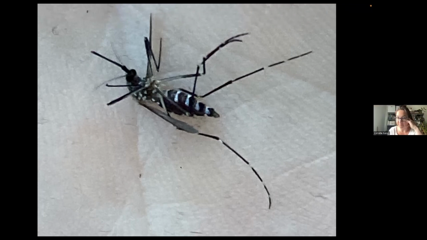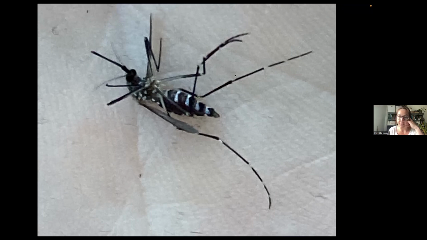Yeah, I totally agree. The thorax is not visible, so it can't help us. We can see the femur very clearly that there's no black spot, so it's not Japonicus, but Koreicus. And yes, we can see 4 white rings on that leg. The 5th one is black.